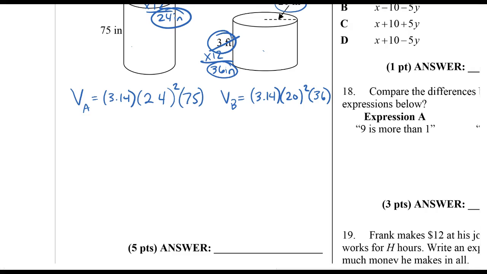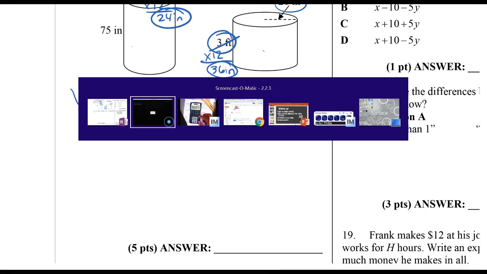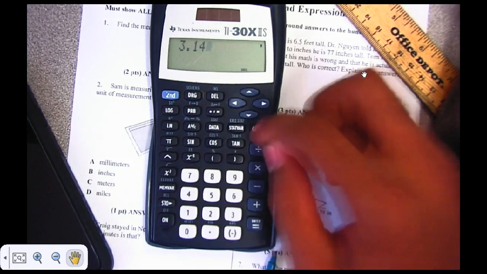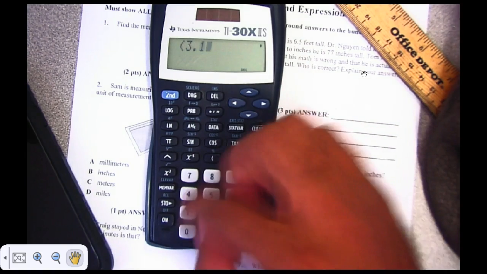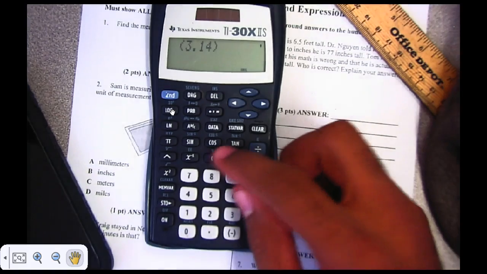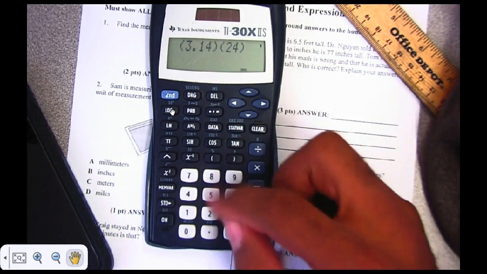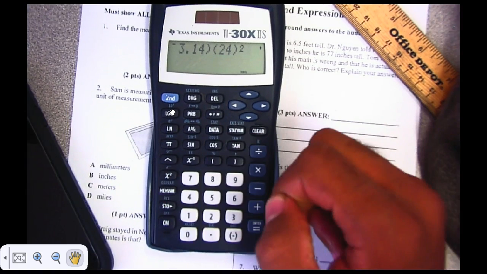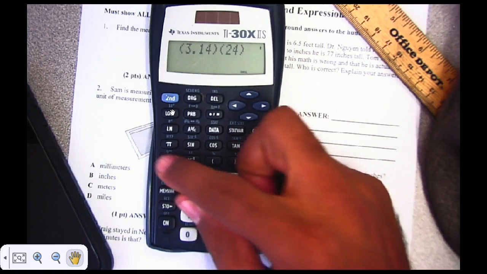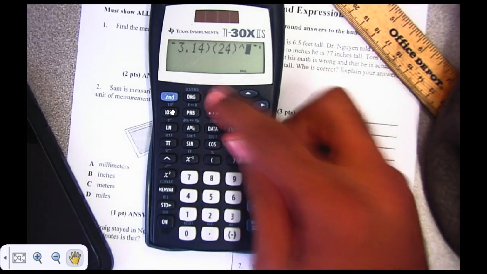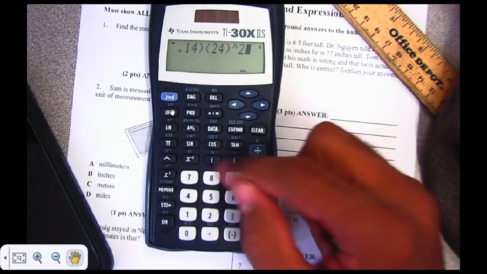The first one, let's do it just like I wrote it, with parentheses: 3.14 times, remember we're working on A, parentheses 24, and then remember I did a squared, so I can either push x squared, or I can push the caret and then push 2, and it gives us the same thing.